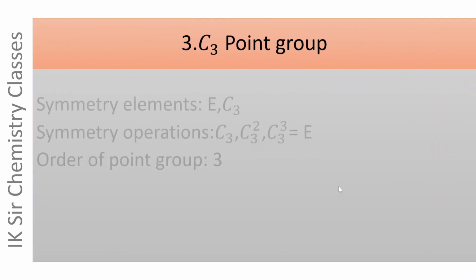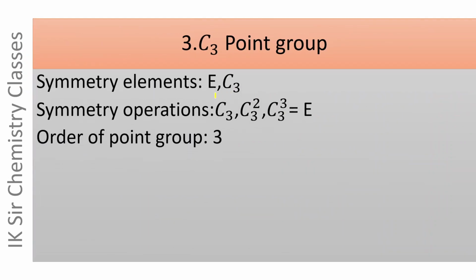C3 point group. The symmetry elements present in such point group are identity and C3, and the symmetry operations are C3, C3² and C3³, that is E, and the order of C3 point group is 3.